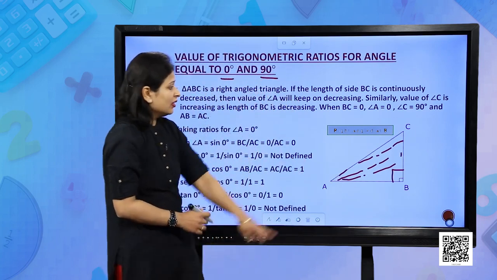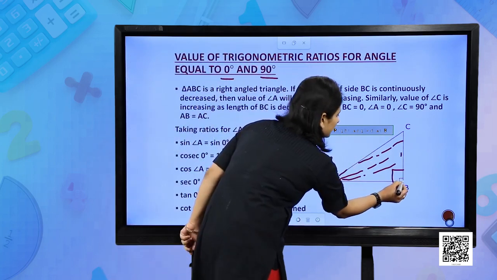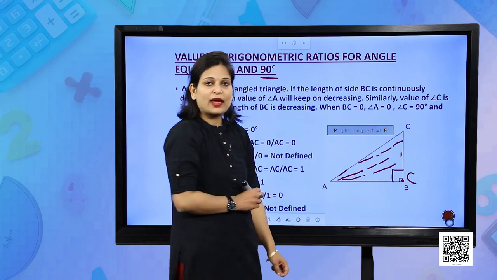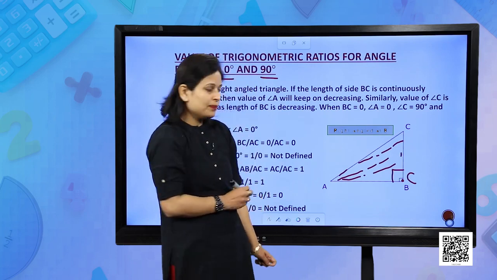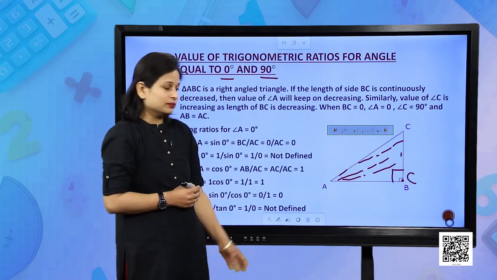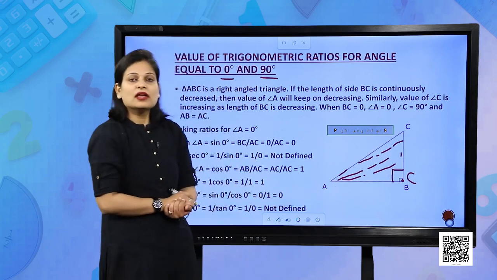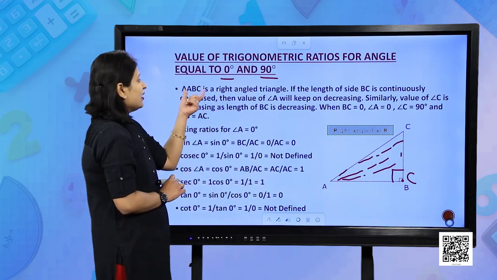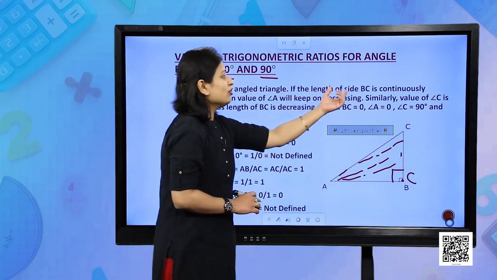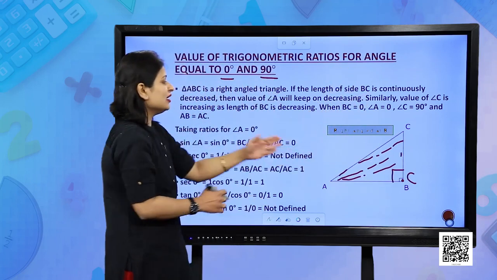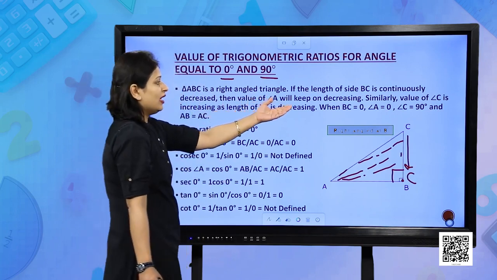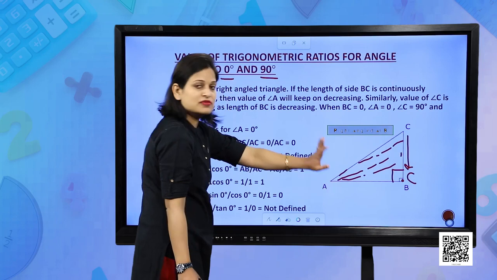The points C and B will coincide. So, angle C will become 90 degree, AC and AB sides are equal, and angle A will become 0. So, in triangle ABC, which is right angled at B, if the length of side BC is continuously decreasing, then the value of angle A will keep on decreasing, that means it will become 0.